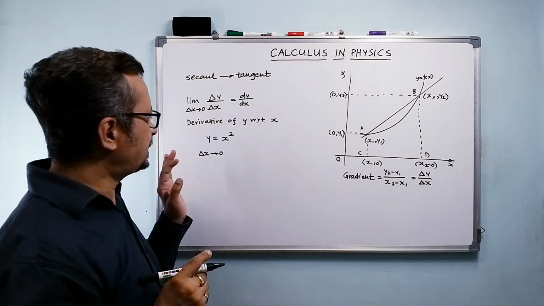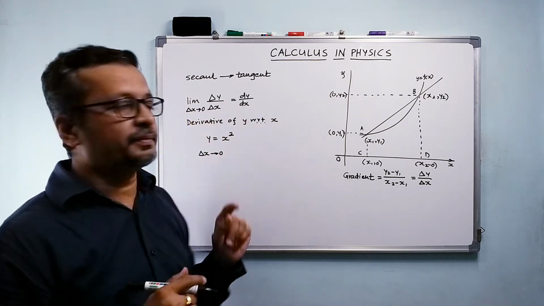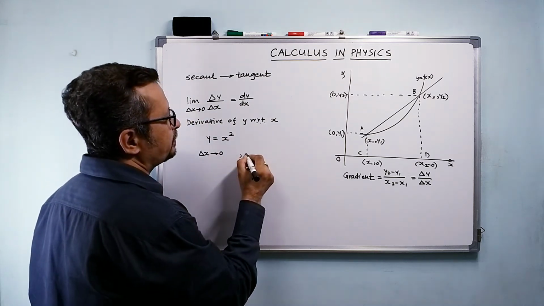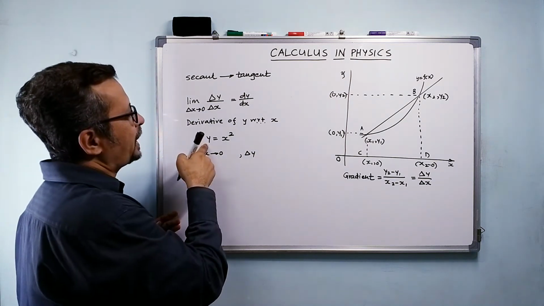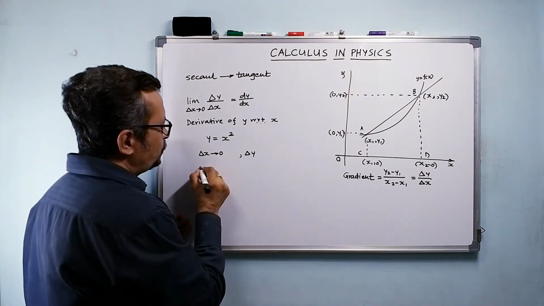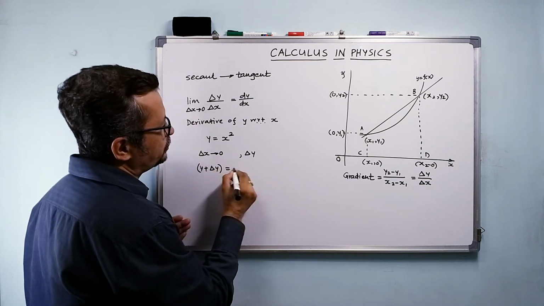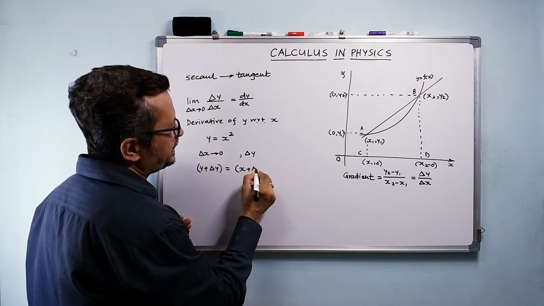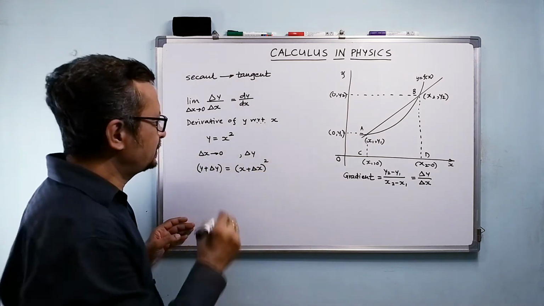So what would be the corresponding increment in y? That would be delta y. Now y is equal to x square, so y plus delta y is going to be equal to (x plus delta x) square. Do you agree with this?